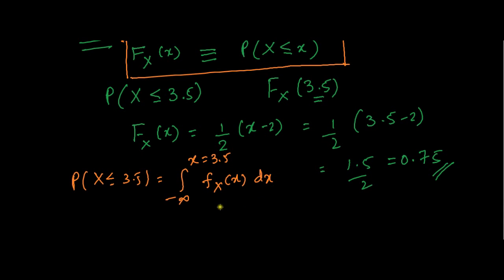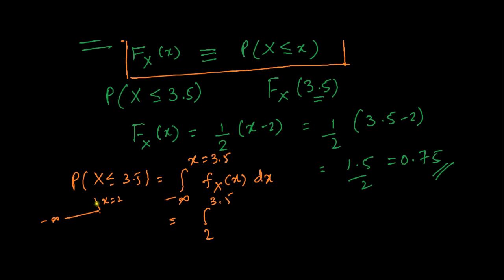We know the value of k also, so we will calculate it from 2 to 3.5, since from minus infinity up to 2 the value is 0.